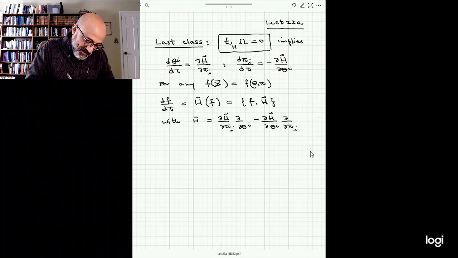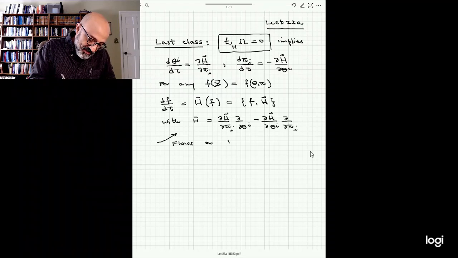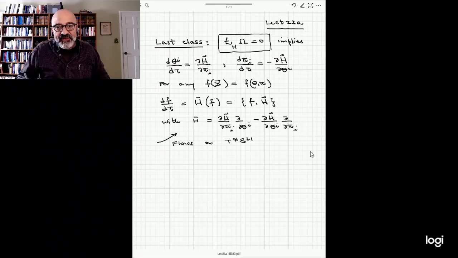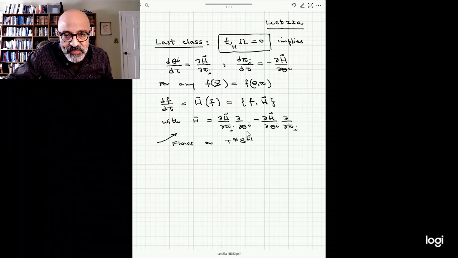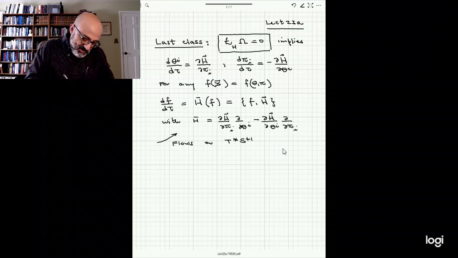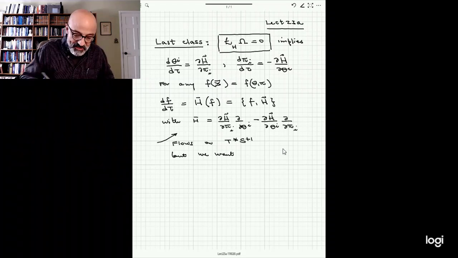Now, this all refers to flows on the cotangent bundle of the embedding space. But we want to deal with normalized probabilities.